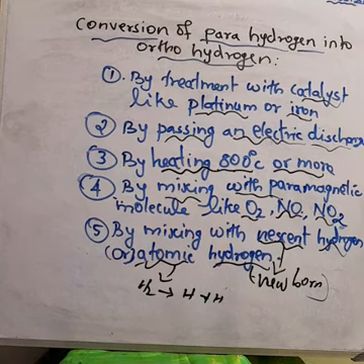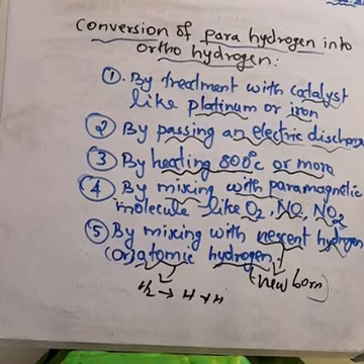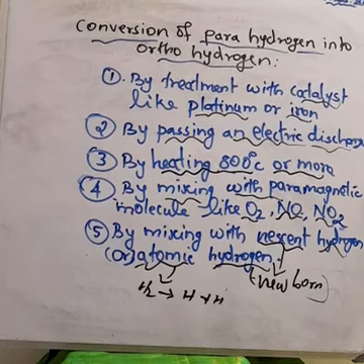By mixing the para form of hydrogen with nascent hydrogen or atomic hydrogen, we get the ortho form, the stable form of hydrogen. Understood? These are the conversions of the para form into the ortho form.